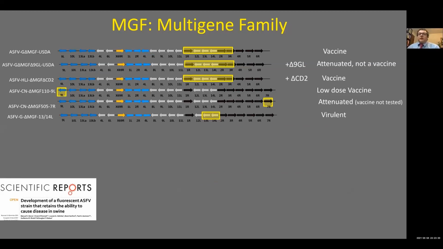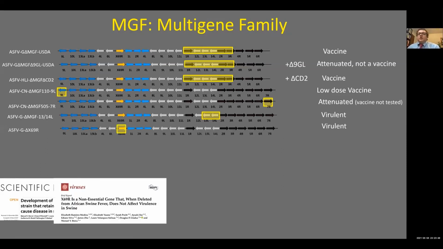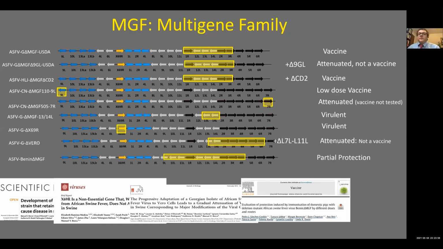I also want to point out that we've done some other deletions in this area at the USDA. We deleted MGF genes 13 and 14 within our MGF vaccine deletion. We found this deletion to be virulent. So a smaller deletion of only 2 genes was fully virulent. We also deleted gene X69R, and this was also virulent and had no effect on the virus.